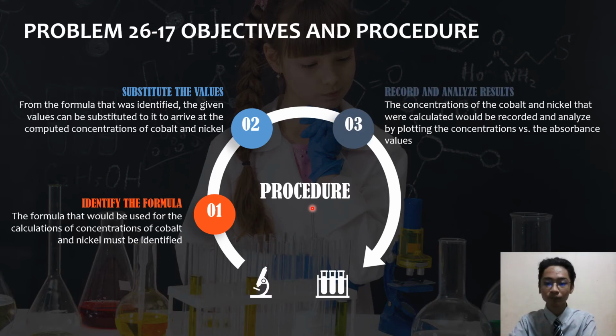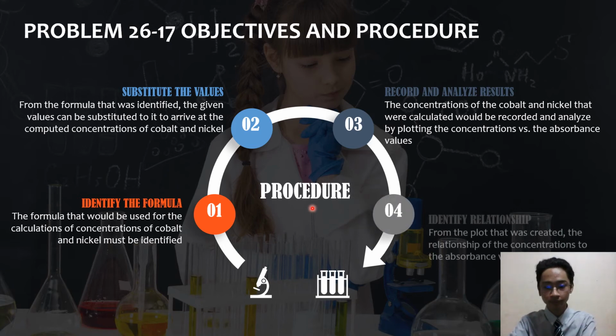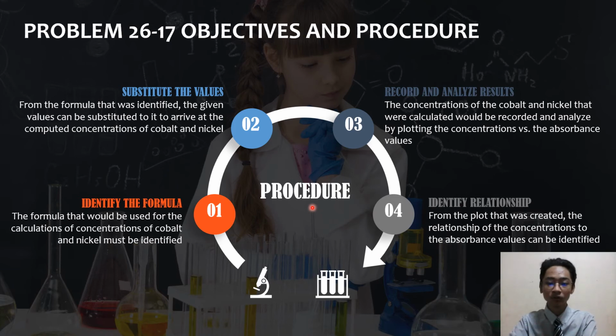Next, the concentrations of cobalt and nickel that were calculated would be recorded and analyzed by plotting the concentrations versus the absorbance values. And lastly, we need to identify the relationship. From the plot that was created, the relationship of the concentrations to the absorbance values can be identified.